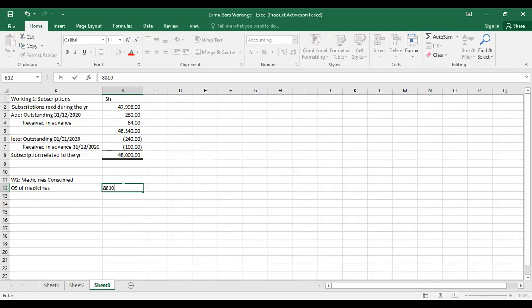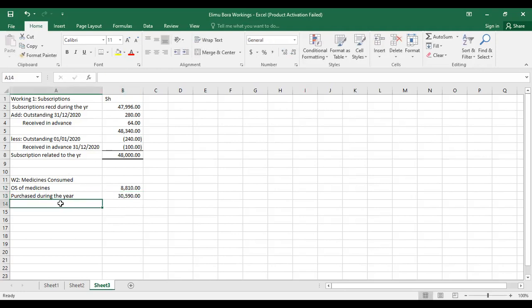Then I have purchased during the year. It's like we are looking for the cost of sales: opening stock plus purchases, less the closing stock. What was purchased during the year is 30,590.